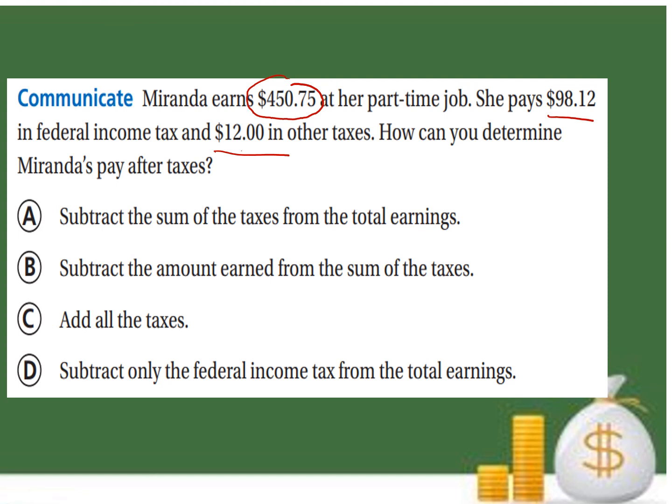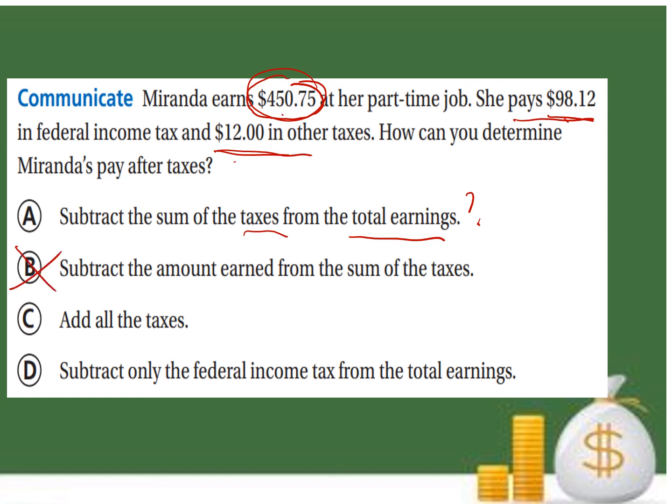So which one of these shows her earnings subtracting her taxes? Subtract the sum of the taxes from the total earnings. Maybe that sounded good. Total earnings minus the taxes. Subtract the amount earned from the sum of the taxes. Well, $98 and $12 is not more than $450, so that cannot be right.